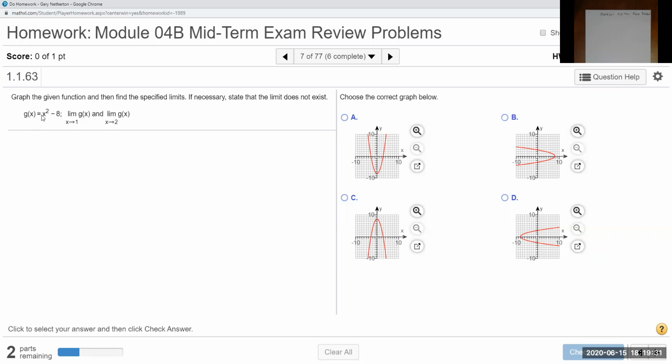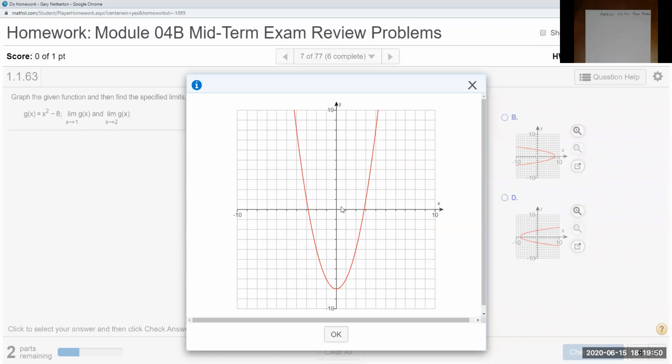Bottom line is, when x equals 0, the function is -8. I'm going to look at these graphs now, and I'm going to see which one of these graphs, when x is 0, the function is -8. And I'll expand it. So here's A. It looks like when x is 0, this graph so far is correct.